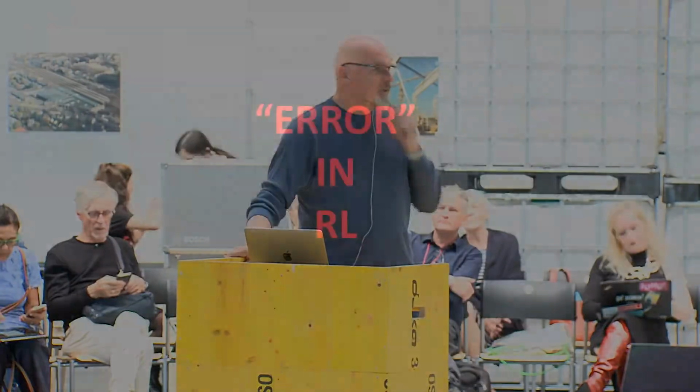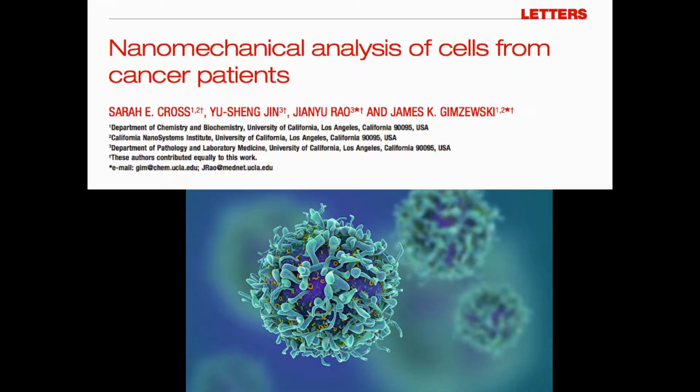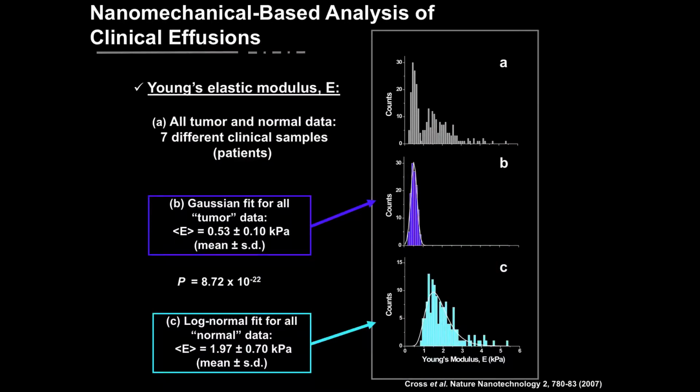So let's talk about something more real now, error in real life, okay? One of the things I look at is how soft cells are. So we took some cells from patients' lungs, and then we measured the stiffness using some nanotechnology, okay? And what we find, this is a whole bunch of different people.